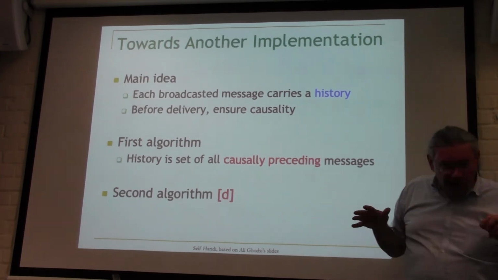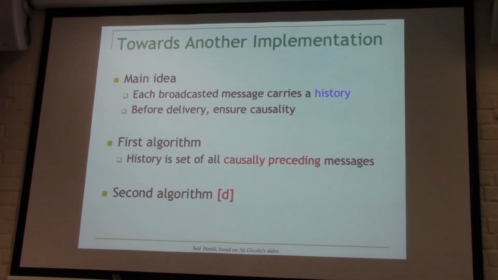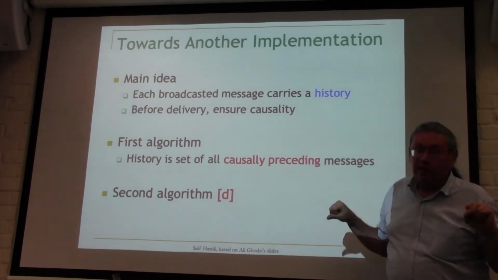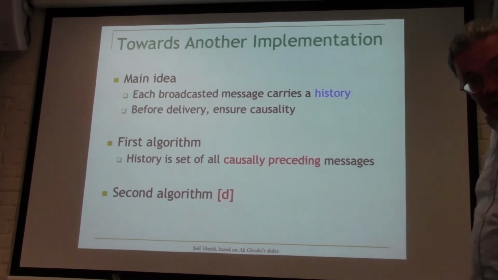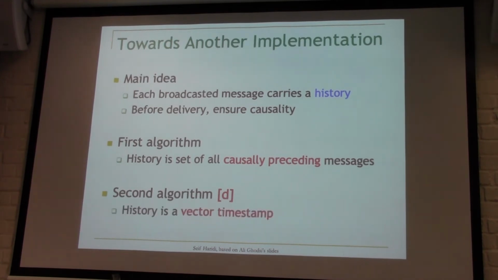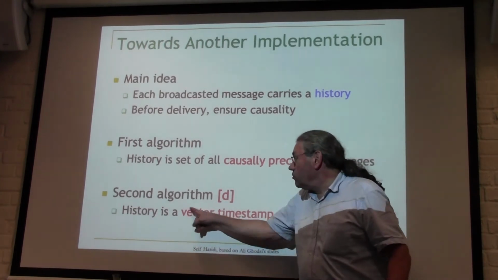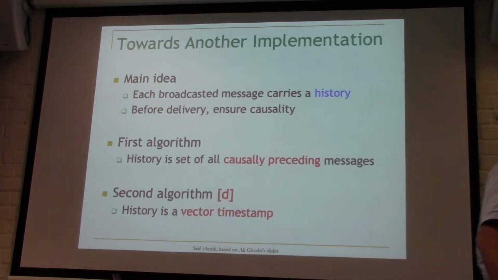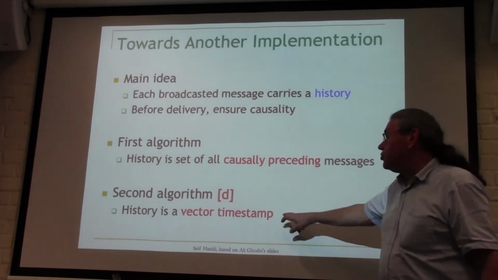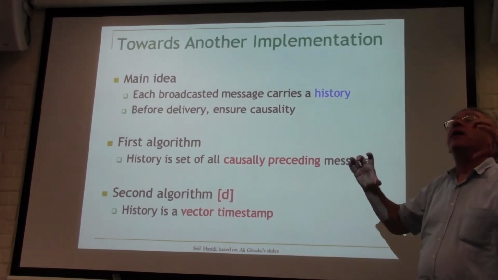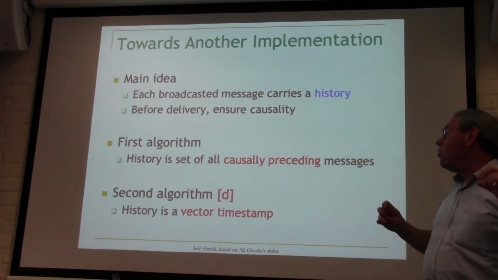But we actually saw a way to keep track of causality. We saw these logical clocks. Remember we saw Lamport clock and vector clock? Well, actually, we can use a vector clock instead of the whole list. A vector clock is just an array of a fixed size, so the size is not growing.